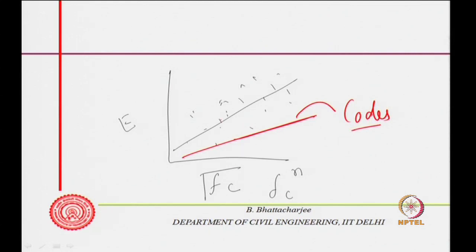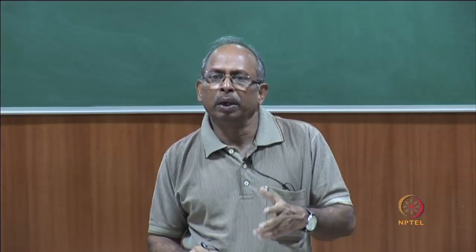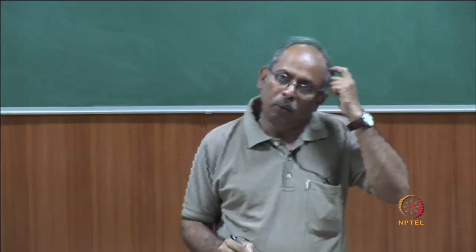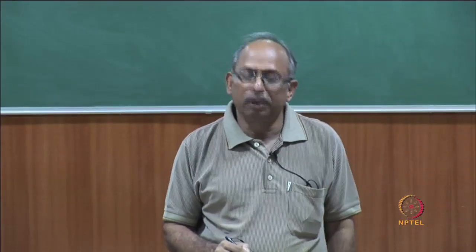Different codes may use different ones, but IS 456 of course uses E equals 5000 under root Fck. So, the slope is 5000 under root Fck, and it is somewhere down there, because it takes long term behavior and other things into account, and therefore tries to use a conservative value. So, that is what the code uses, and it can be related to compressive strength.